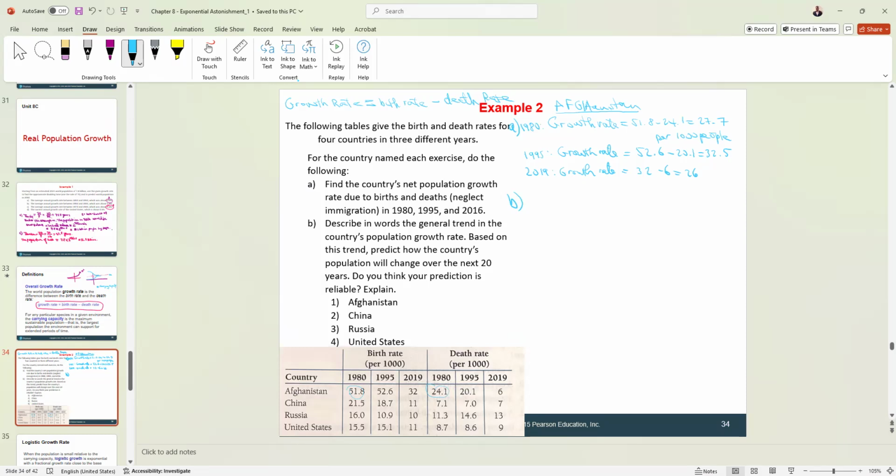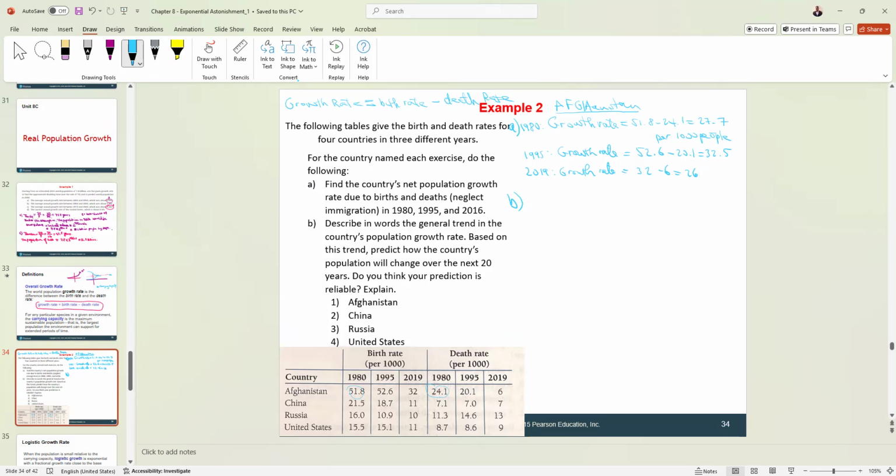The birth rate and death rate both decline overall. As you can see, you go 51, 52, now you drop to 32. So it has really declined. You go death rate 24, 20, then you drop to 6. Birth rate and death rate both decline overall, which results in a constant positive growth rate.